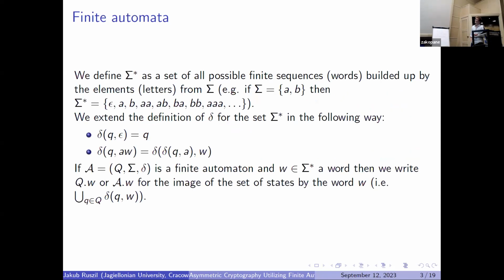Okay, so now more notation. We define sigma star as the set of all possible words over sigma, and epsilon is the empty word. We also extend the definition of delta to sigma star in a very natural way: we just go from the state by the transitions.